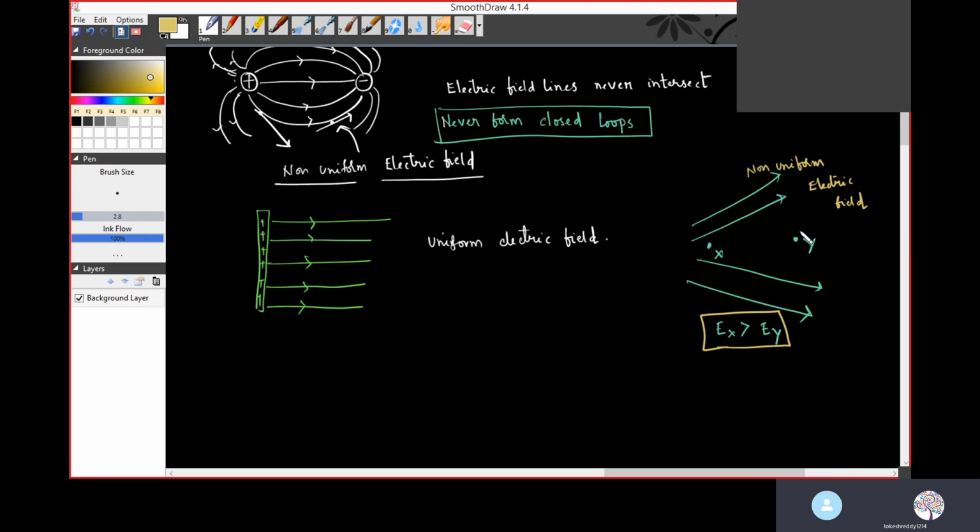The electric field lines are perpendicular to the surface, and they don't travel inside a hollow space.